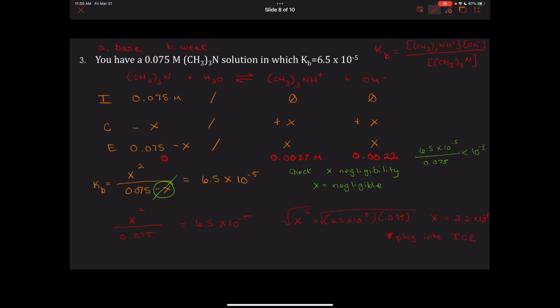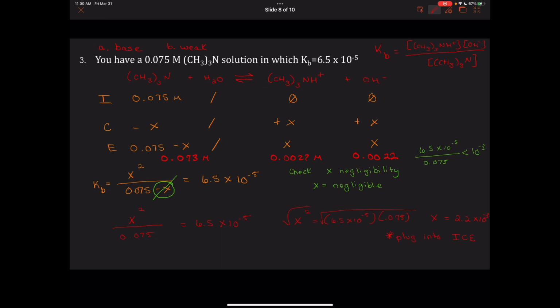So that's going to leave me with 0.073. Checking, do these numbers make sense? I have a small k. I should have most of my reactant left over, which I do, and very small amounts of product being formed.